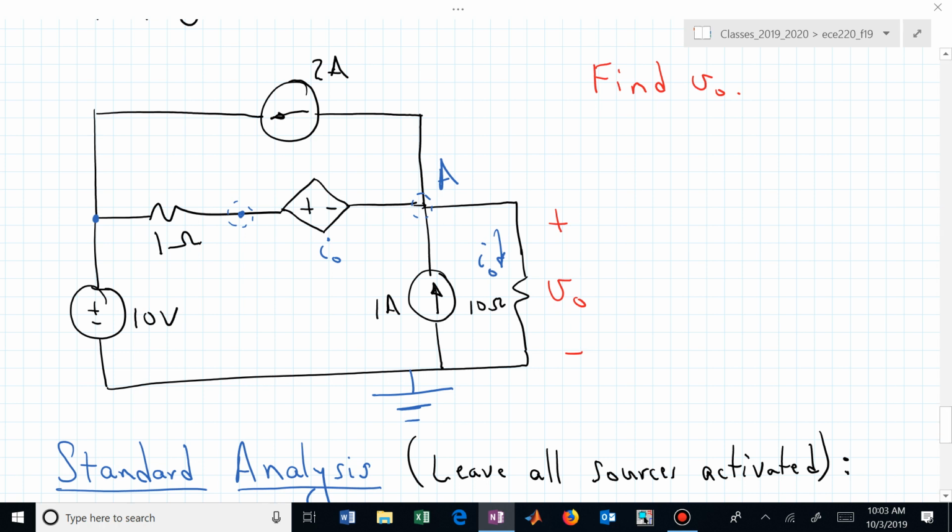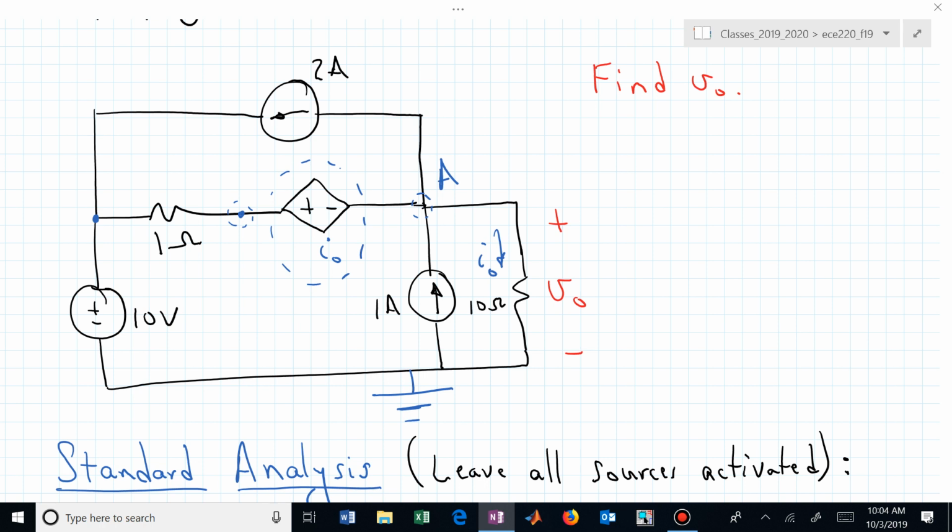What are we going to do with this eventually, when we start to analyze this via superposition, which we're not doing initially? But via superposition, how many sources do we have to deal with? We worry about the independent sources.